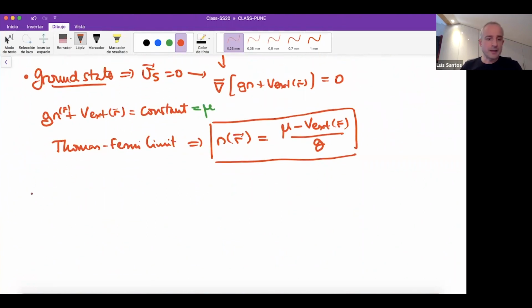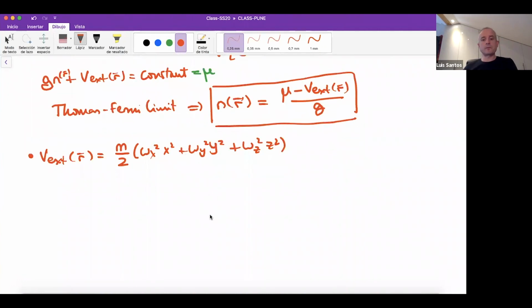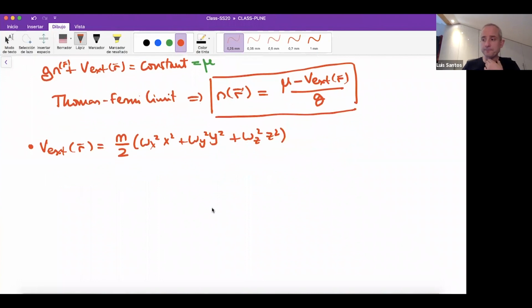For example, if you have an external potential which is just a harmonic potential, which is the typical case, something of this form, something like a trap in the x direction, a trap in the y direction, a trap in the z direction, so not necessarily isotropic, then you can easily see from this form that I have here in this equation that the density profile is something of the following form.